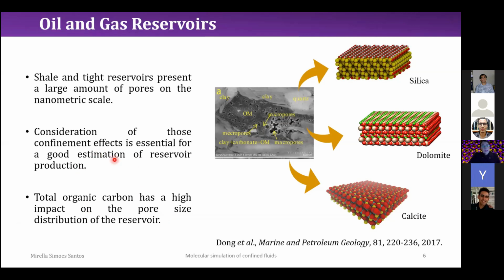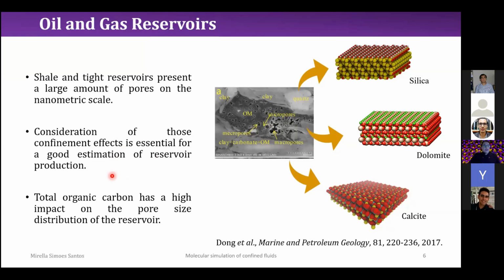So for a good description and estimation of reservoir production, we should also take into account the confinement effects for the fluids we are interested in describing.